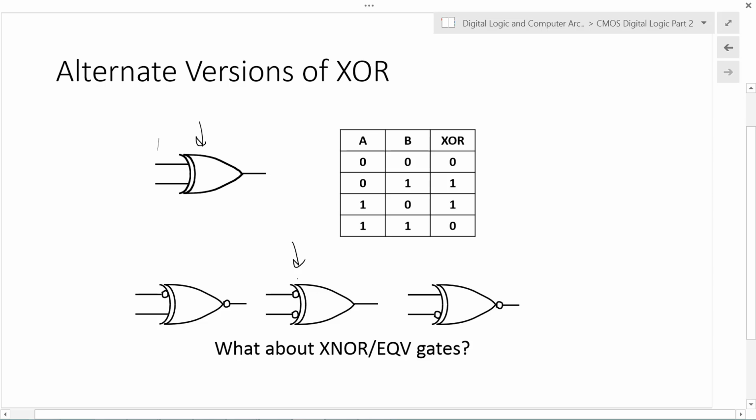So A and B on the input, well, what if you invert the inputs, A prime and B prime? Well, all you'd be doing is turning this whole table upside down, but notice that it's symmetric, so the functionality hasn't changed.